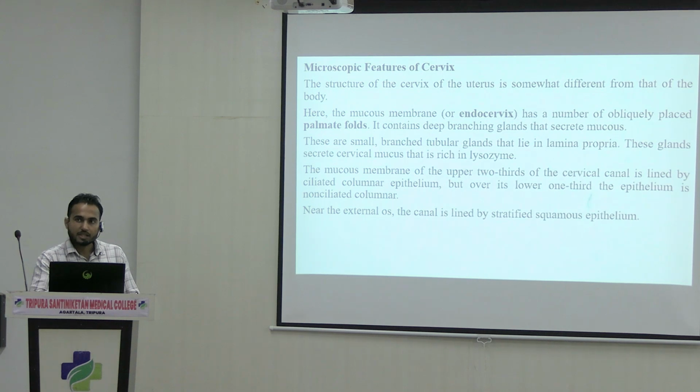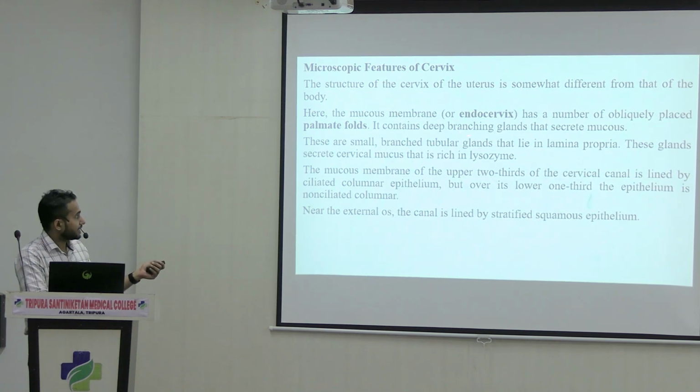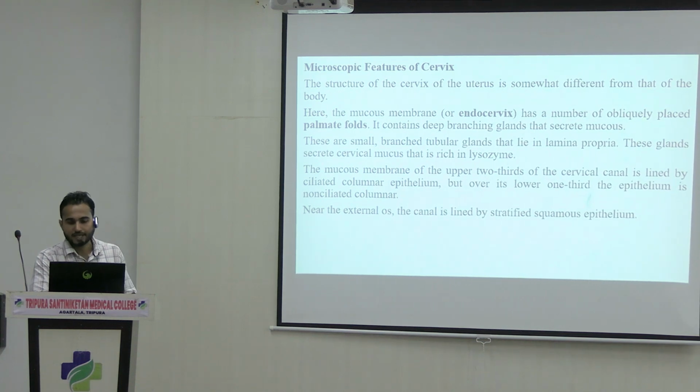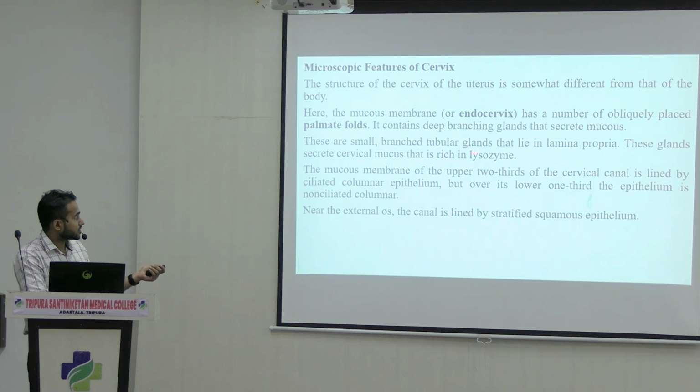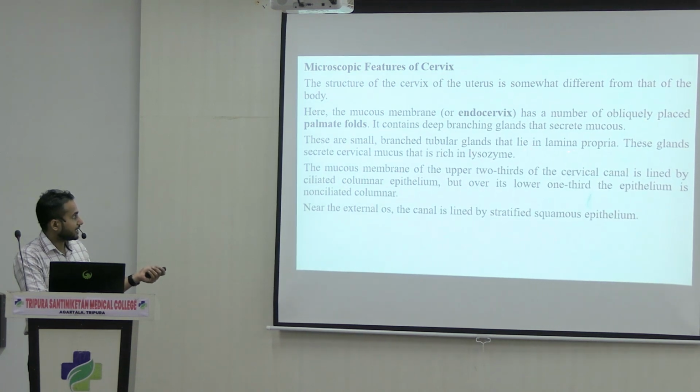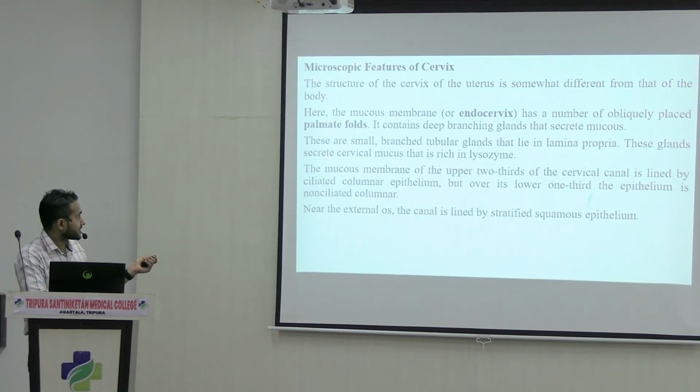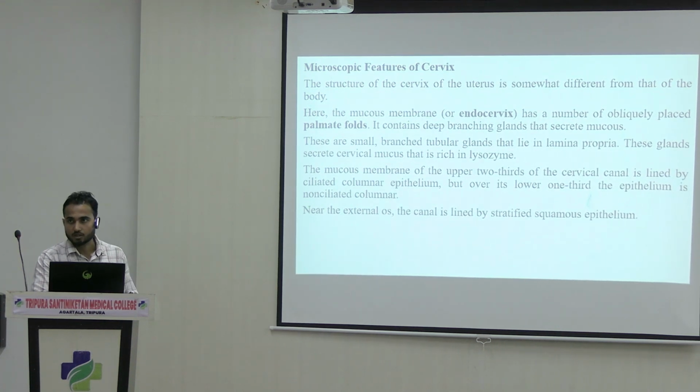Now deep to that we are also getting the branching glands that secrete mucus, which is rich in lysozyme. These small branched tubular glands are lying in the lamina propria, and they secrete cervical mucus which is rich in lysozyme. The secretion of these glands is very important.